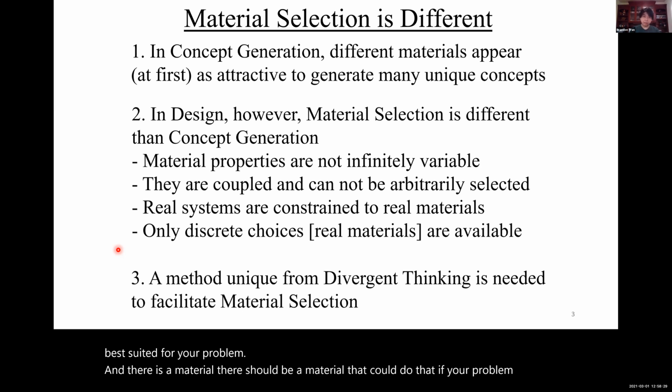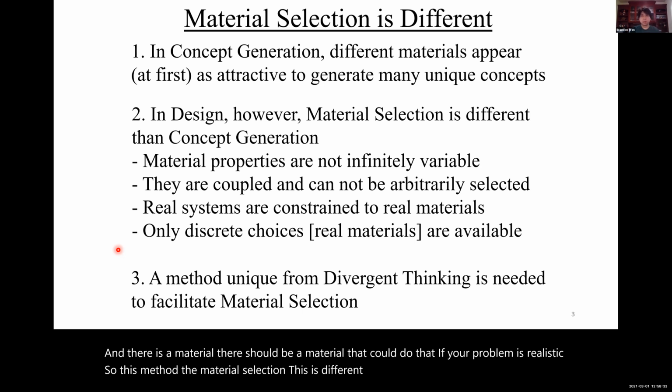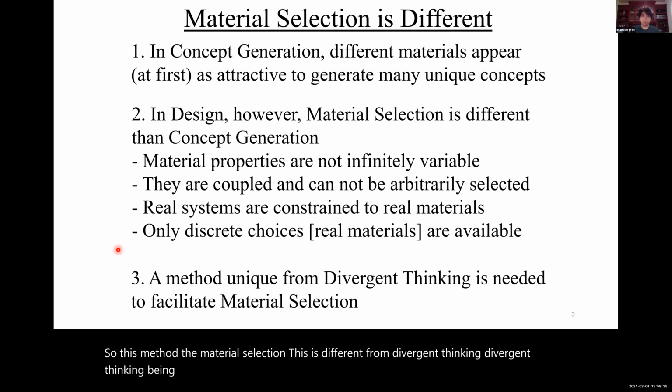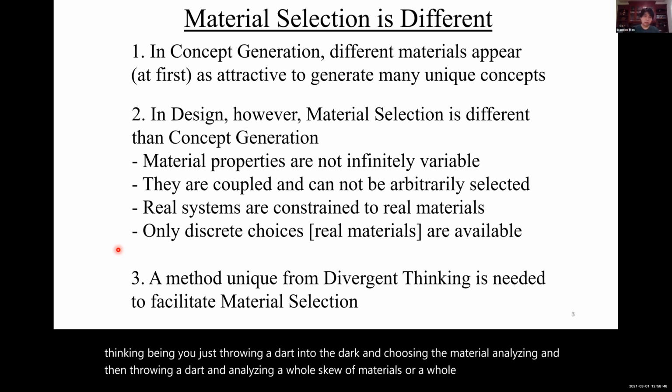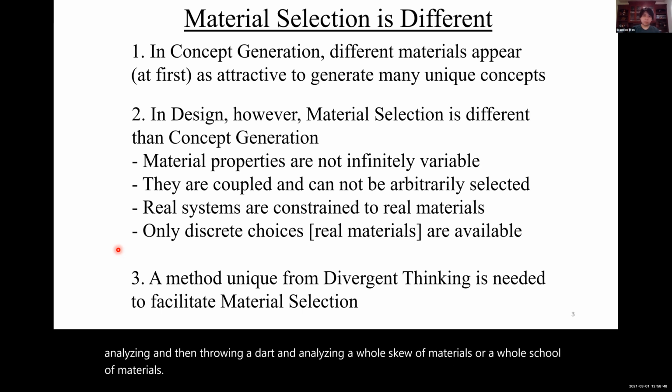So this method of material selection is different from divergent thinking. Divergent thinking being you just throwing a dart into the dark and choosing a material, analyzing that, and then throwing another dart and analyzing a whole school of materials, trying to pick the best one there.